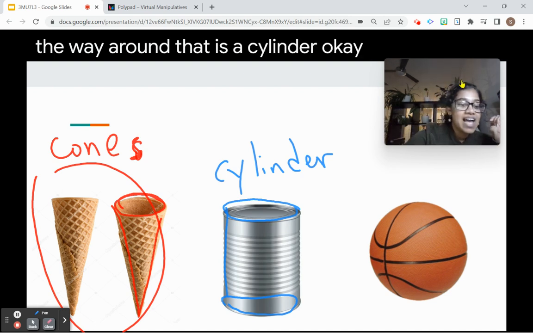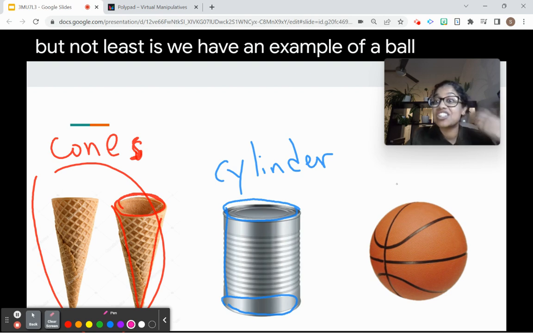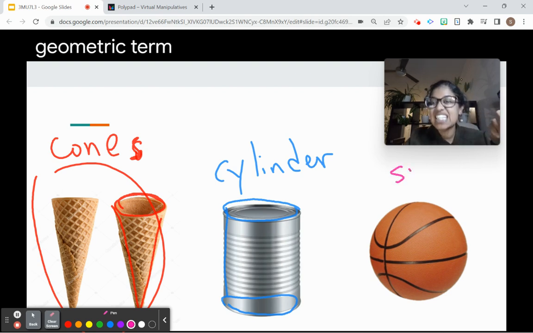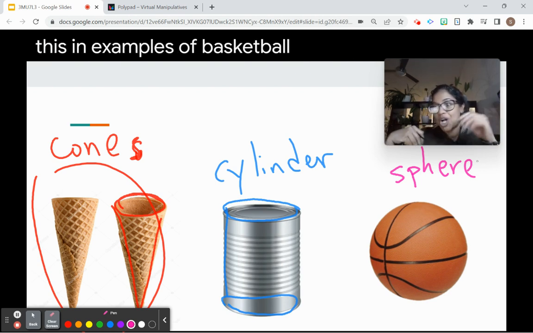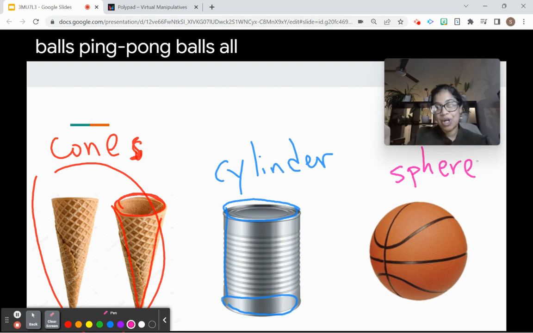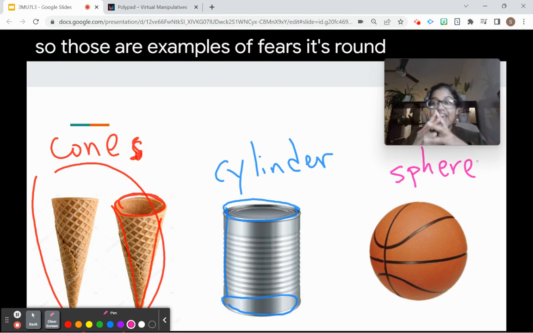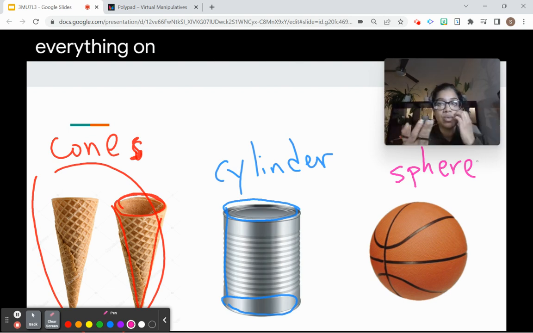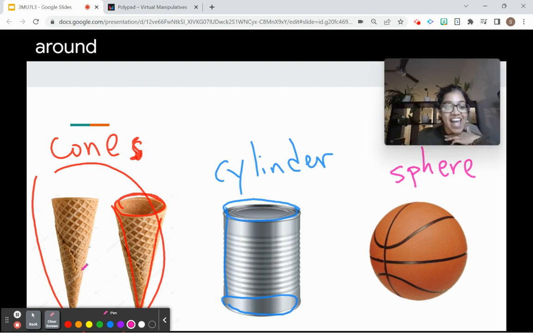Okay, and then last but not least we have an example of a ball, and the geometric term that we use is a sphere. So we'll see this in examples of basketballs, soccer balls, tennis balls, ping pong balls, all sorts of different balls, right? So those are examples of spheres. It's round, it has no edges, no vertices, everything on it is smooth, and it's like a perfect circle all the way around. All right, fantastic.